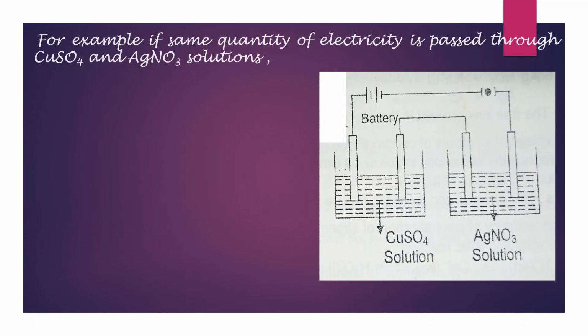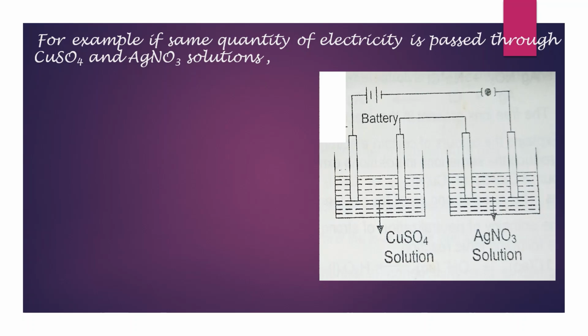When they are connected in series, you will be passing the same quantity of electricity. So the quantity of electricity is not taken into consideration, only the amounts of substances discharged at the respective electrodes and the chemical equivalent masses are taken into the relation.